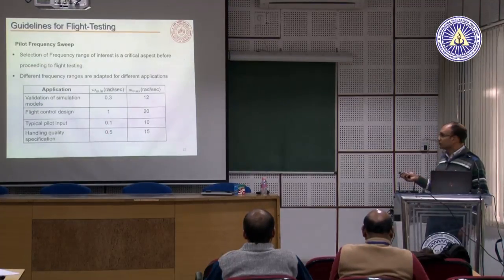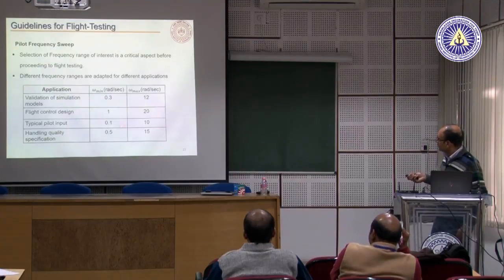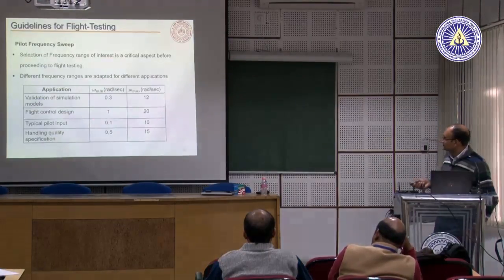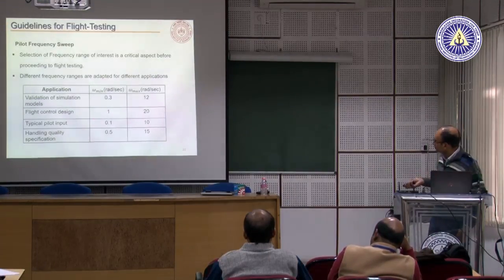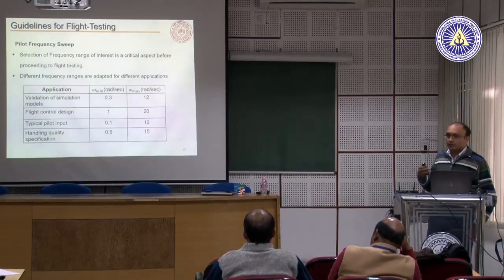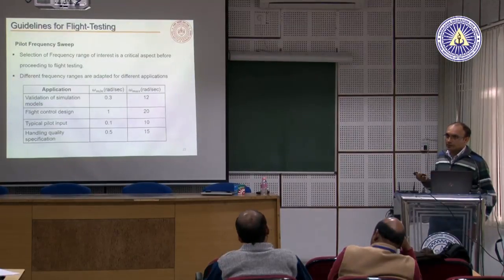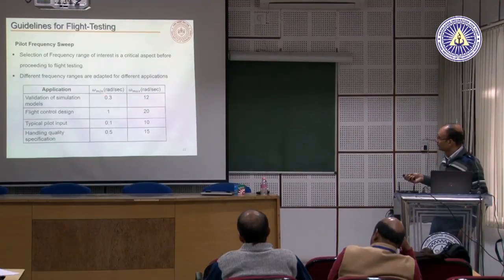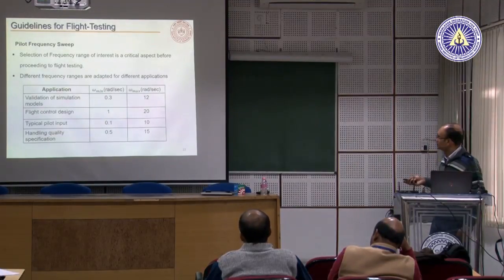So, depending on the application, you can choose one of the ranges, but you can see that these two are fairly inclusive except for the lower ranges. The lower ranges are actually more important because they are representative of the dynamics of the blade itself. So, when you are also interested in validating the blade dynamics, then you have to go for slightly lower frequencies.